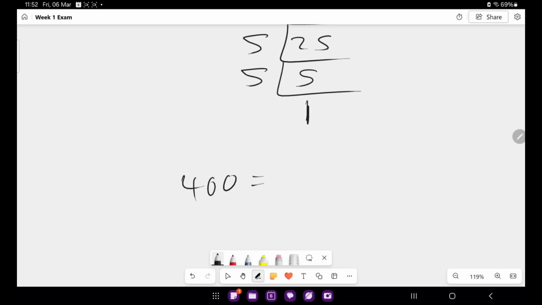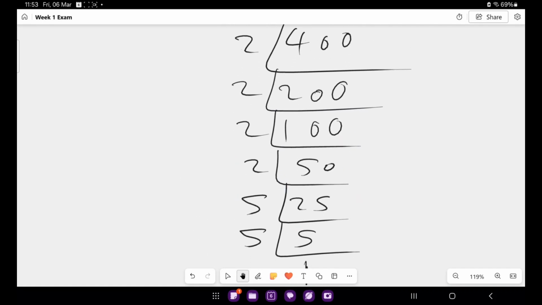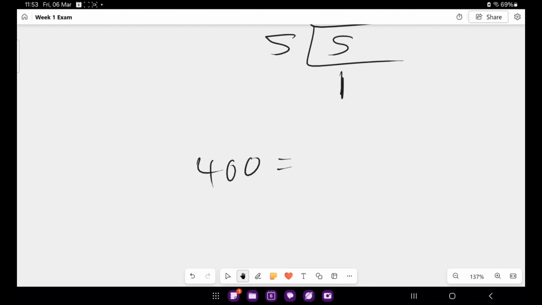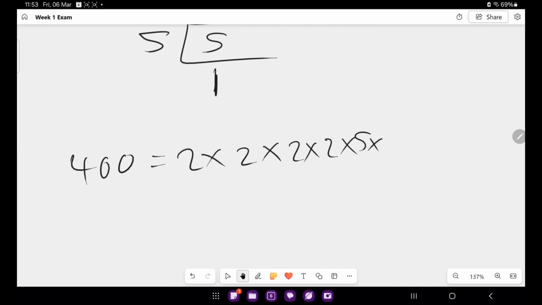Now we are thinking of highest common factor and lowest common multiple. It's giving me that vibe. So we say 2 times 2 times 2 times 2 times 5 times 5.